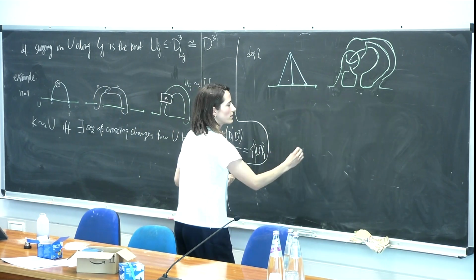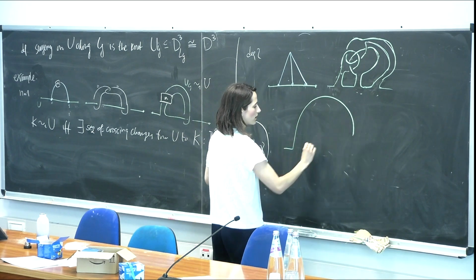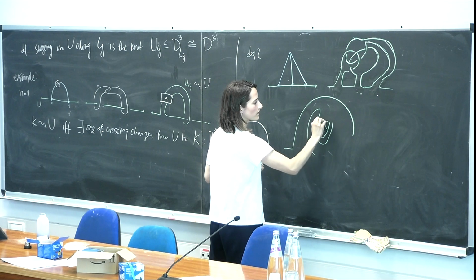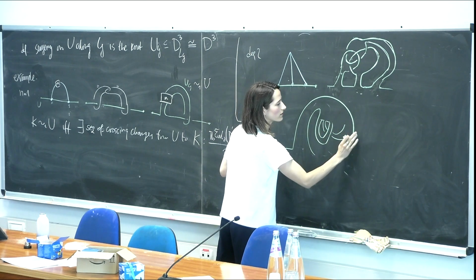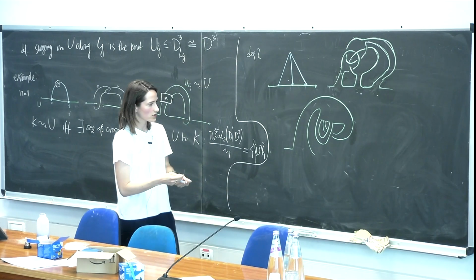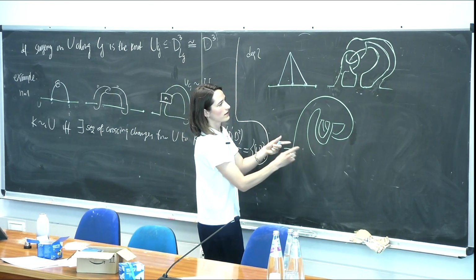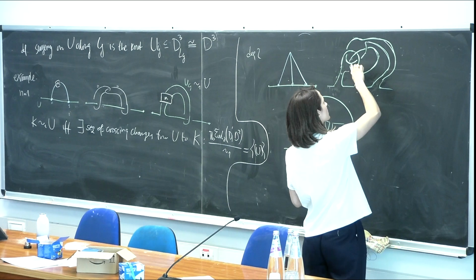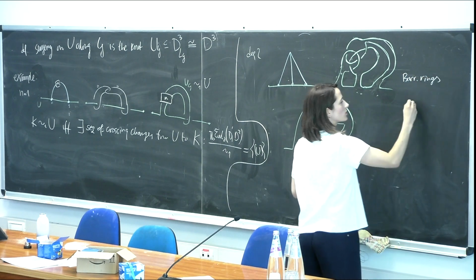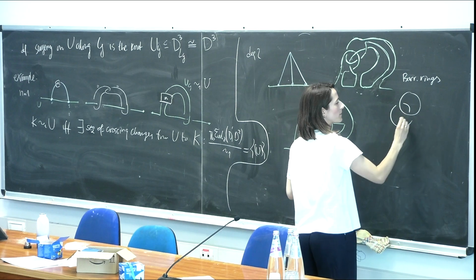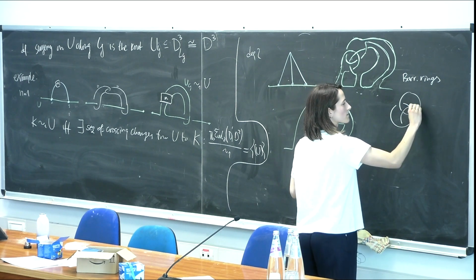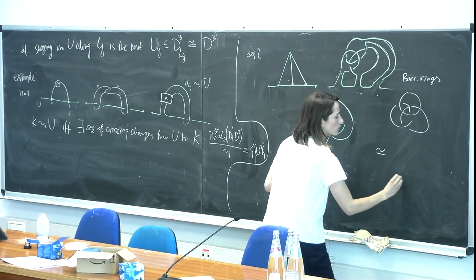Another way you can draw this that I like is using this commutator picture. It's also important for later. So what we're actually doing is, so these Borromean rings in this classical picture are actually isotopic to this picture.